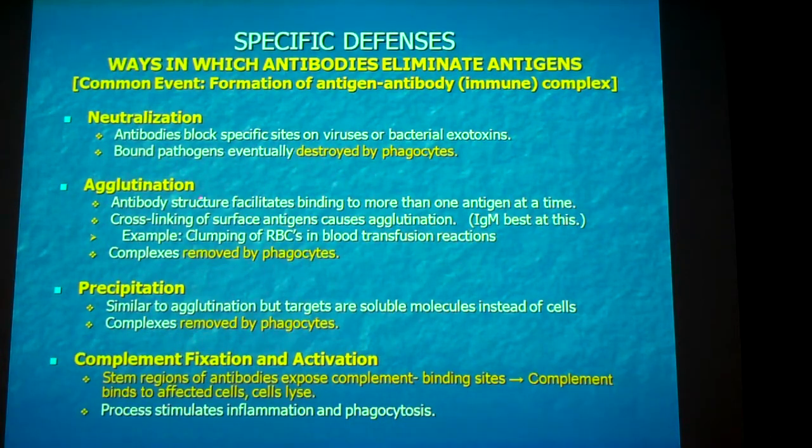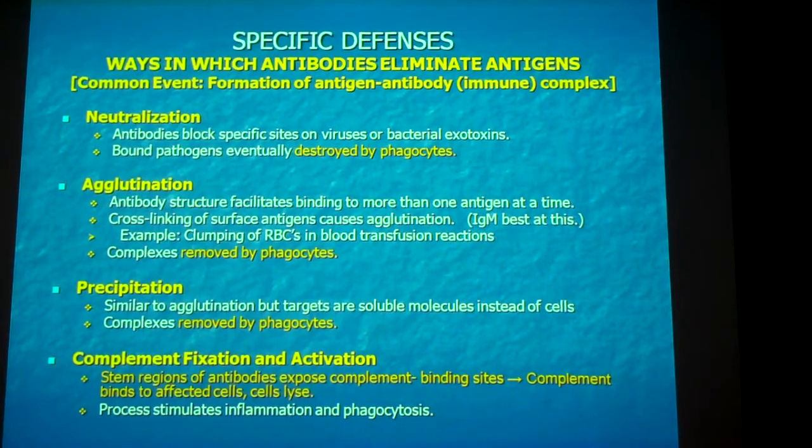They can cause agglutination, as in clumping of red cells. They can cause precipitation, which is a similar reaction with chemicals in solution. Or they can be involved with complement fixation. Remember complement proteins? Complement proteins puncture holes in cells and kill them that way.